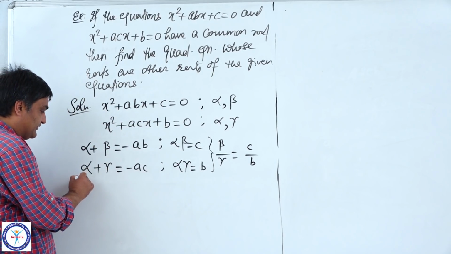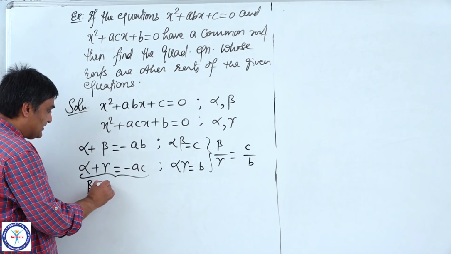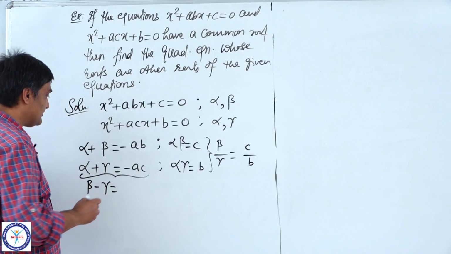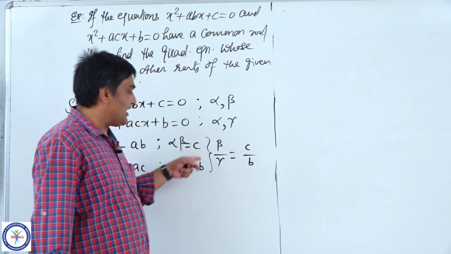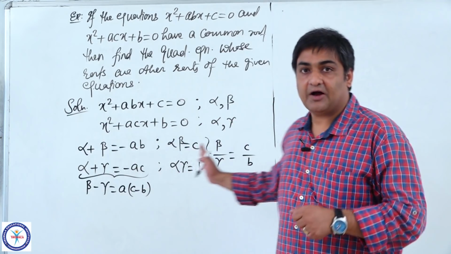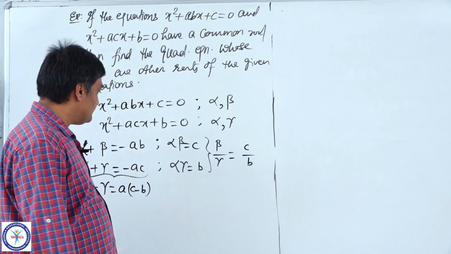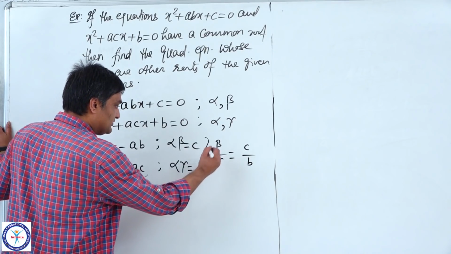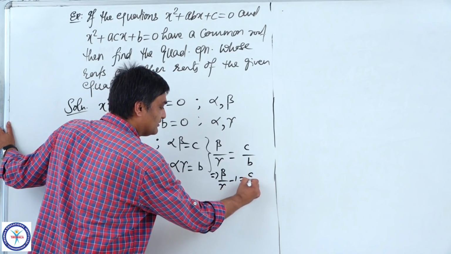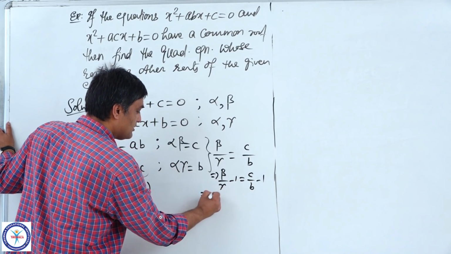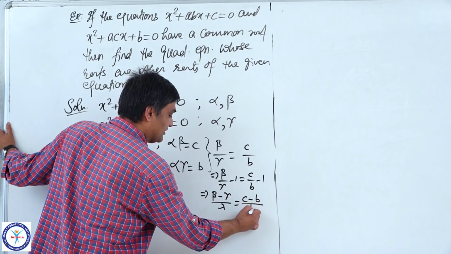And from these two, if we subtract, beta minus gamma is a(c - b). Here we have divided to get beta by gamma as c by b. Okay. Now, this implies beta by gamma minus 1, (beta - gamma)/gamma, equal to (c - b)/b.